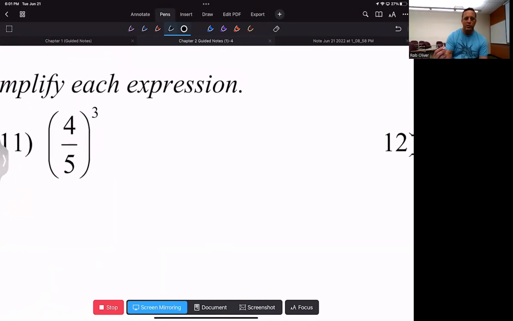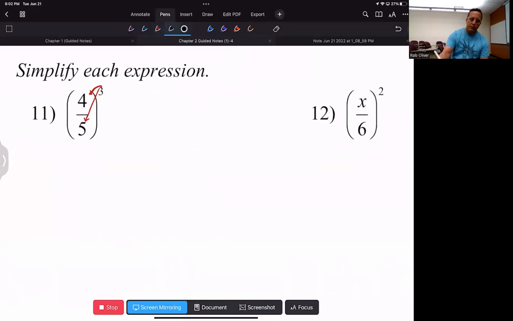Not just what is closest to it or nearby. We're going to apply it to everything. So that 3 will apply to the 4, and it'll apply to the denominator as well.